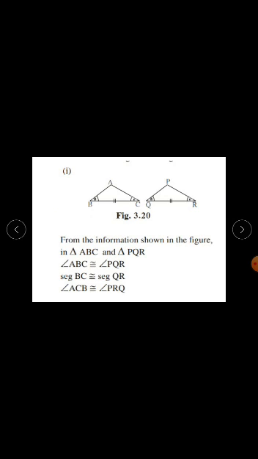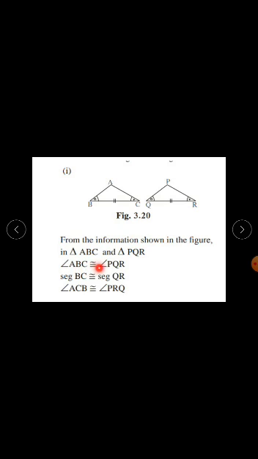So in the first sub question, two figures are given, triangle ABC and triangle PQR. From the information shown in the figure, in triangle ABC and triangle PQR, the same sign is here. So angle ABC is congruent to angle PQR.